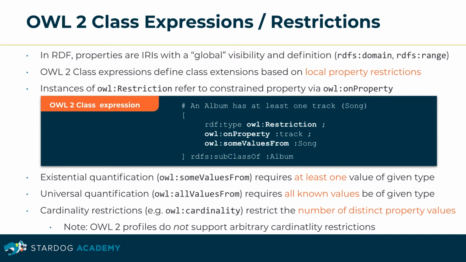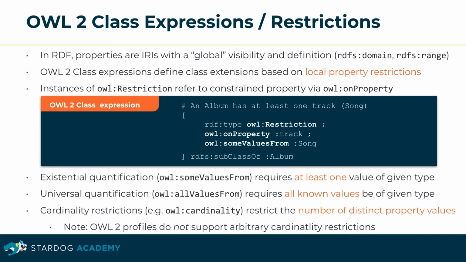The existential quantification requires instances of the class to have at least one property value of type specified by the owl:someValuesFrom predicate. The universal quantification requires all known values of the constraint property to be of type specified by the owl:allValuesFrom predicate.